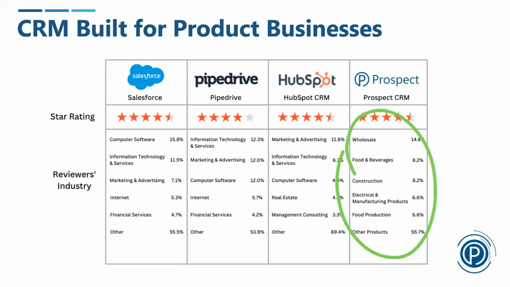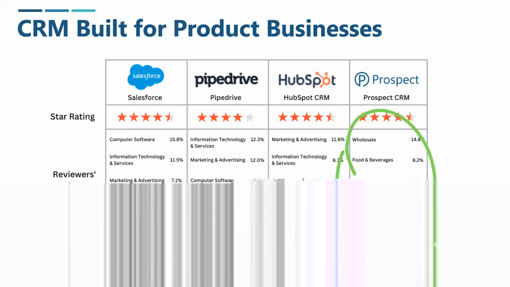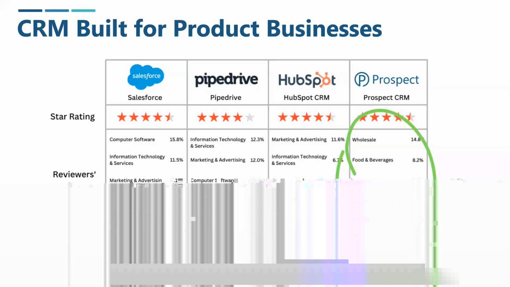Prospect CRM is the only CRM designed specifically for product-led businesses, which you can see when you look at our top reviewers by industry, and these are businesses like food and beverage, packaging, construction, and so on. And as you can see there as well, all are physical product businesses selling a large proportion B2B.